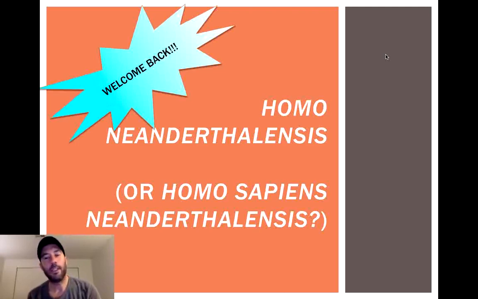As we will see later on, Homo neanderthalensis, or Neanderthals, and Homo sapiens did interbreed. So by the biological species definition, it should be one species. But most paleoanthropologists probably would still say they're two species by the ecological species definition.